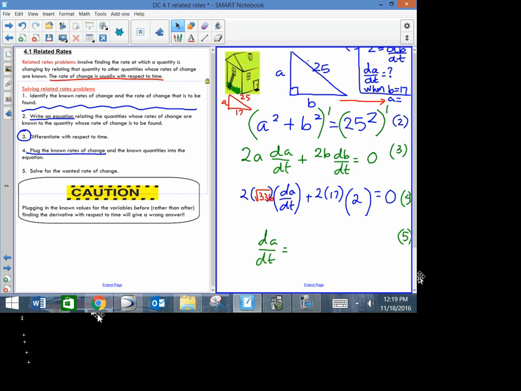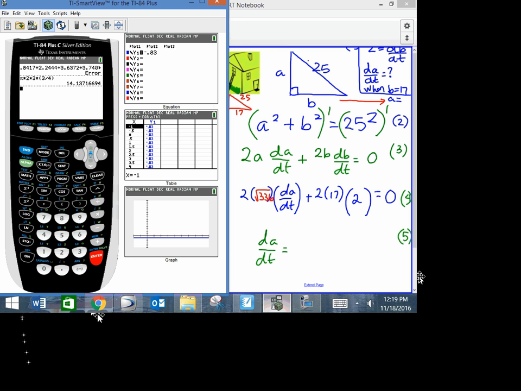And if you're uncomfortable with this radical, totally use the decimal, you're totally fine. Just don't round too much. Okay, what did we get?